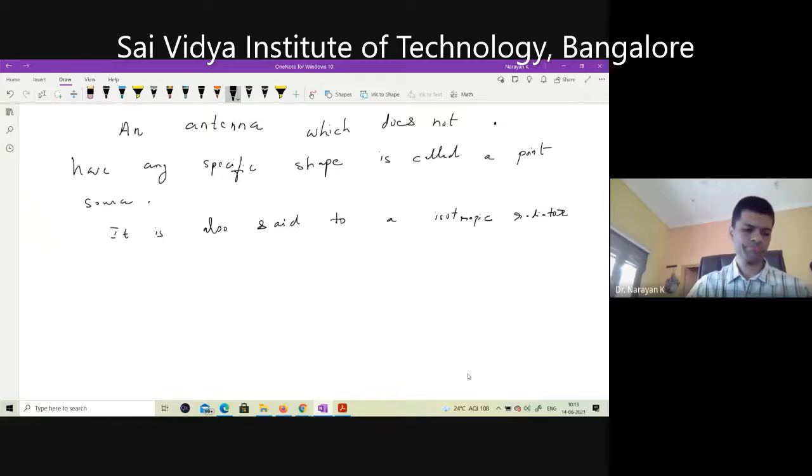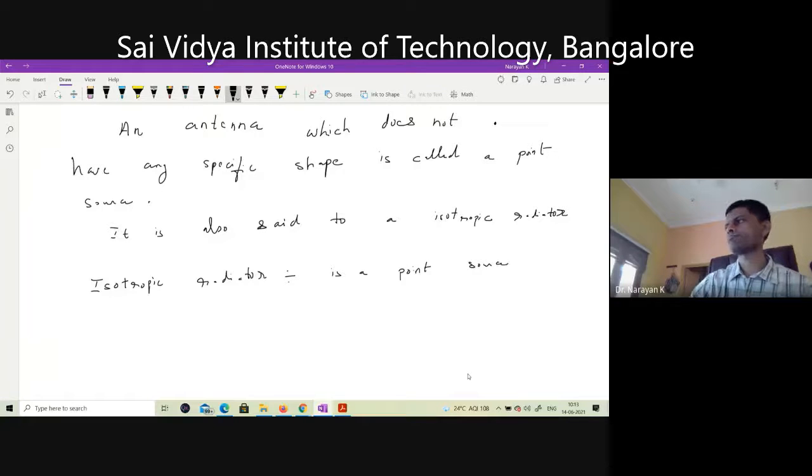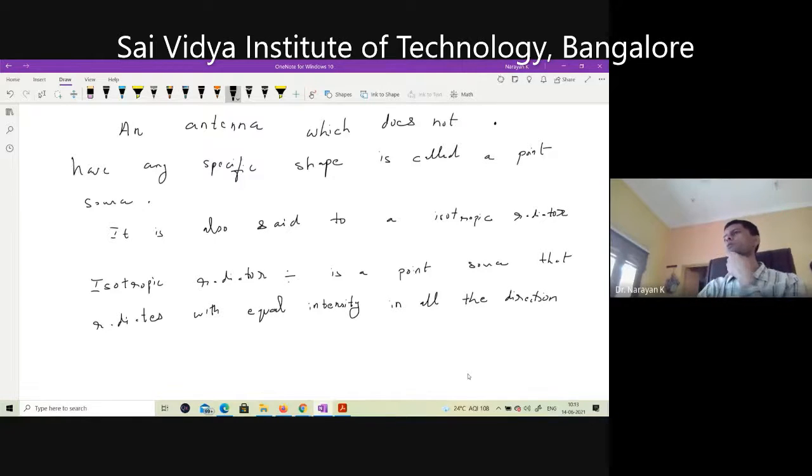An isotropic radiator is a point source that radiates with equal intensity in all the directions. See, I'm writing very slowly instead of reading out.